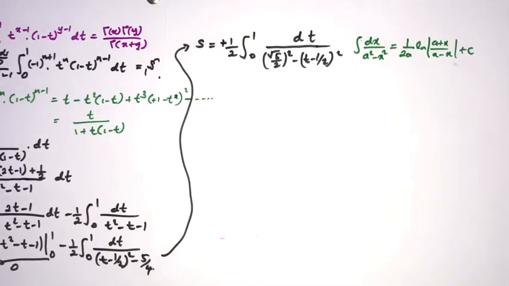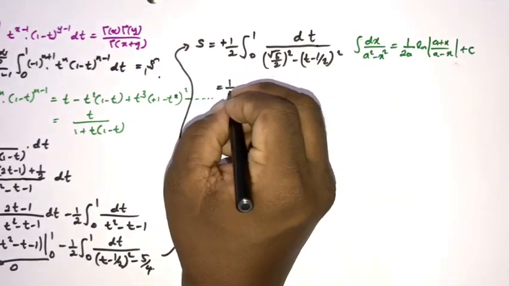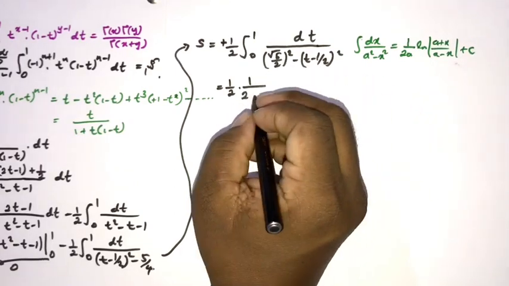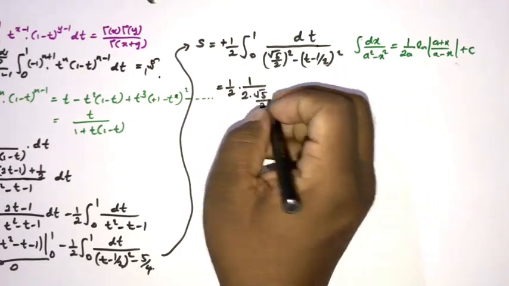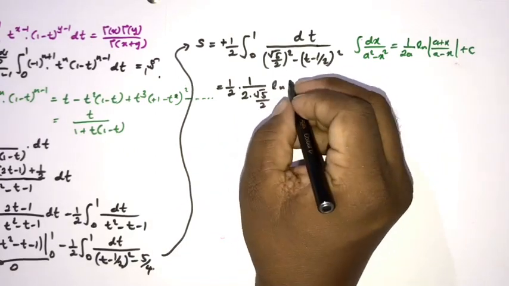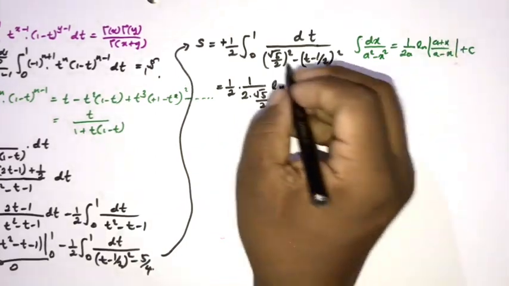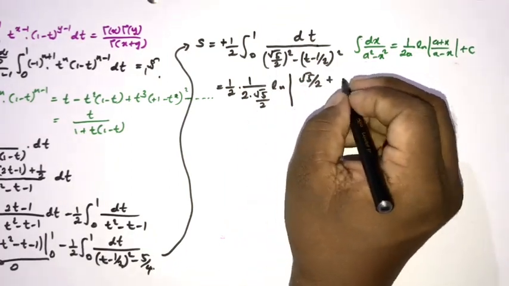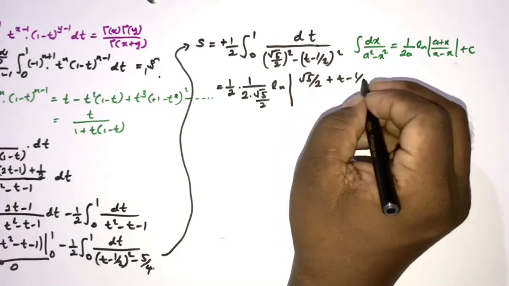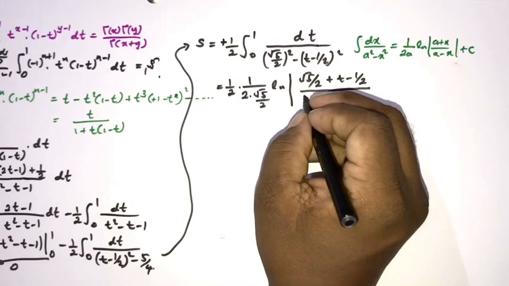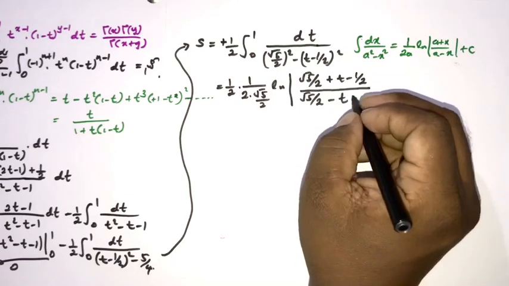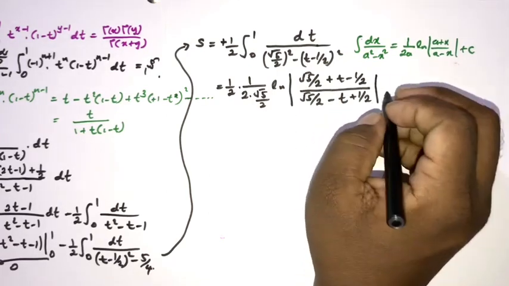Okay, therefore we can integrate this, so we can write here 1 half times 1 over 2a, now a we know is square root of 5 over 2, so 1 over 2 times square root of 5 over 2, natural log of, now a plus x, a is square root of 5 over 2, plus x, which is t minus 1 half, over square root of 5 over 2 minus (t minus 1 half), plus 1 half.